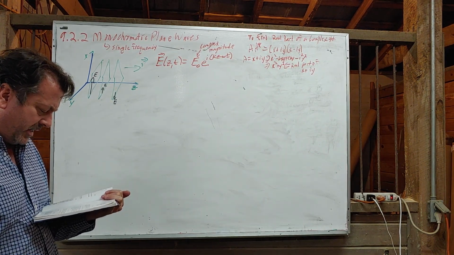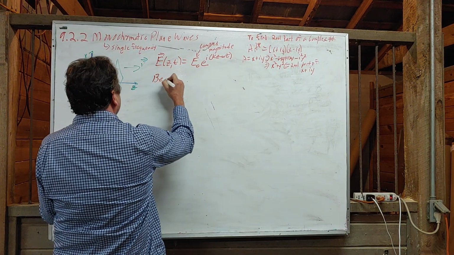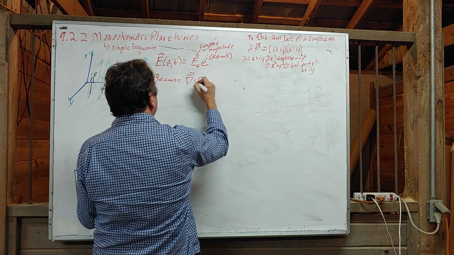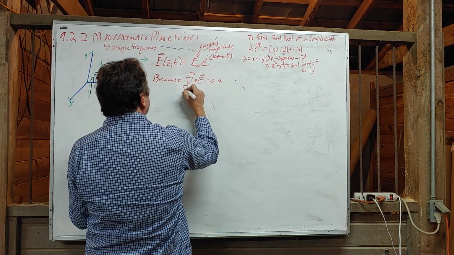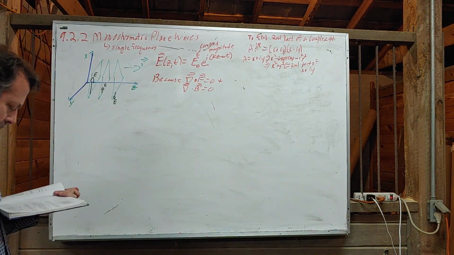Now, what we can say is, because del dot E equals 0 and del dot B equals 0, the dot product here.